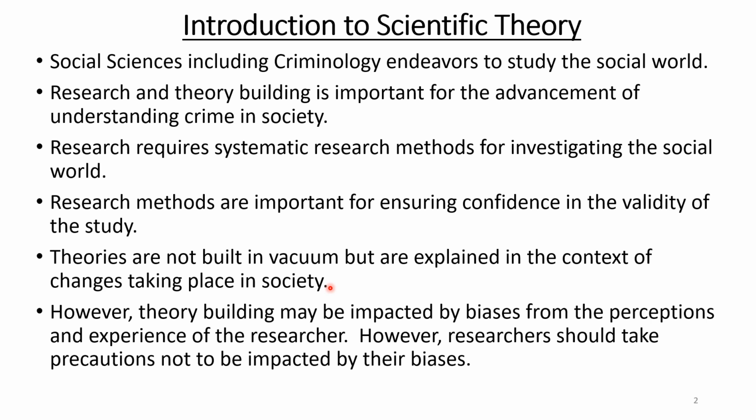Theories are not built in a vacuum but are explained in the context of changes taking place in society. The majority of people have opinions on causal factors of crime and believe social factors such as bad family life, unemployment, and lenient courts play a role in the causation of crime.